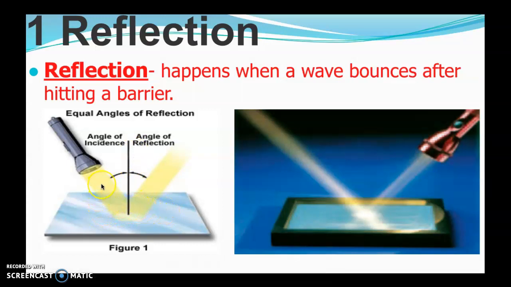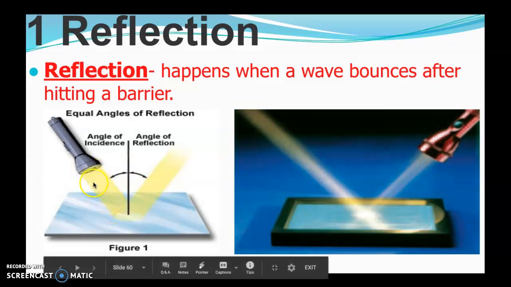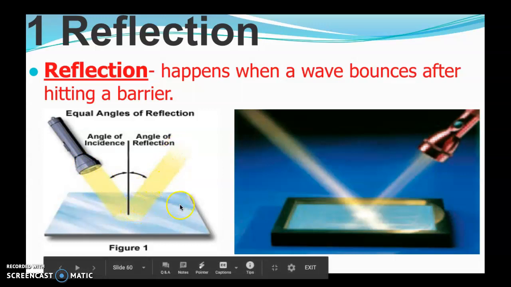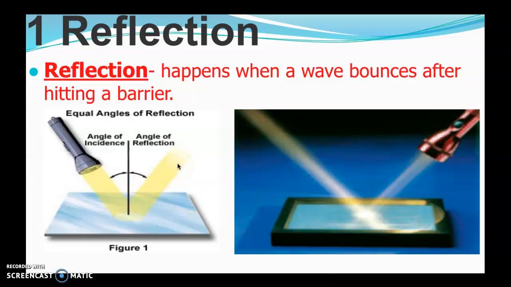So the angle between the ray that's coming in and the surface itself would also be similar to the angle between the ray coming out and the surface, if it's a flat surface. I mean, that basically makes a lot of sense, right? It's a big mouthful to say it bounces off at the same angle it comes in on.